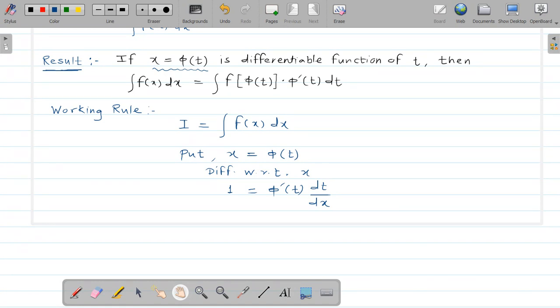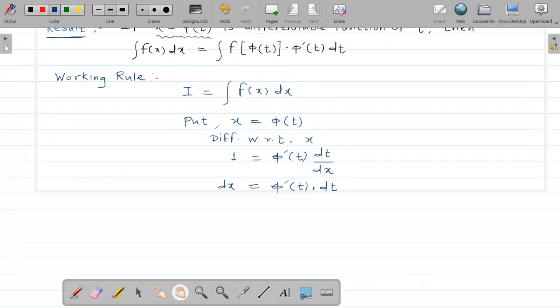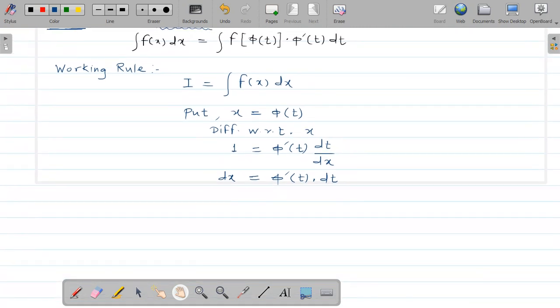This is by the chain rule of the derivative. Now what will you get? If I keep this dx on the left hand side, then we get dx is equal to phi dash of t into dt. So after the substitution x is equal to phi of t, we get dx is equal to phi dash of t dt. So the given integration I becomes, now what will you get?